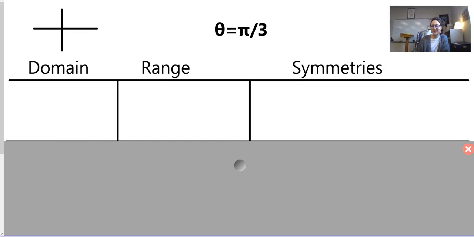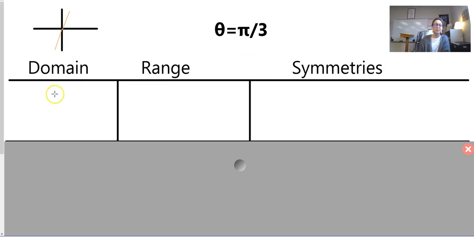Will you please copy my screen? Let's take a look at these special circumstances where you have theta equals a number or just r equals a number. So theta equals pi over 3 is going to be a line, right? If I look at pi over 3 or 60 degrees, it can go into quadrant 3 because r can be negative. r can be whatever, but theta has to be pi over 3.